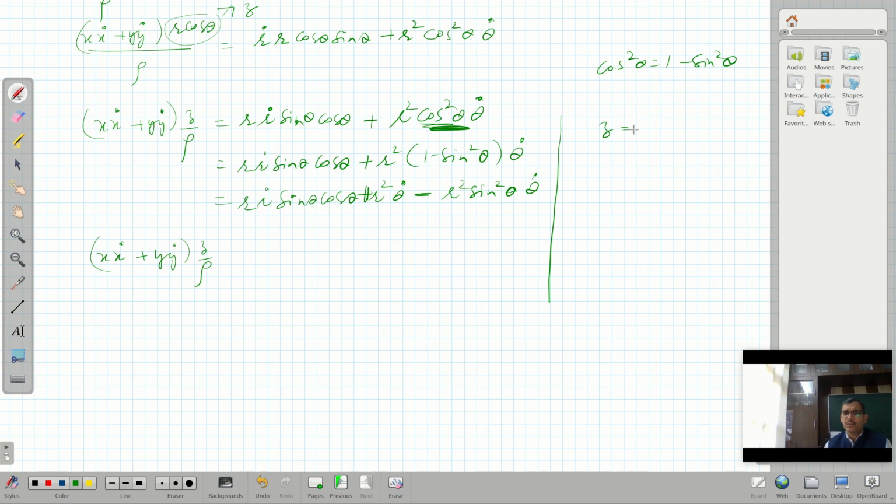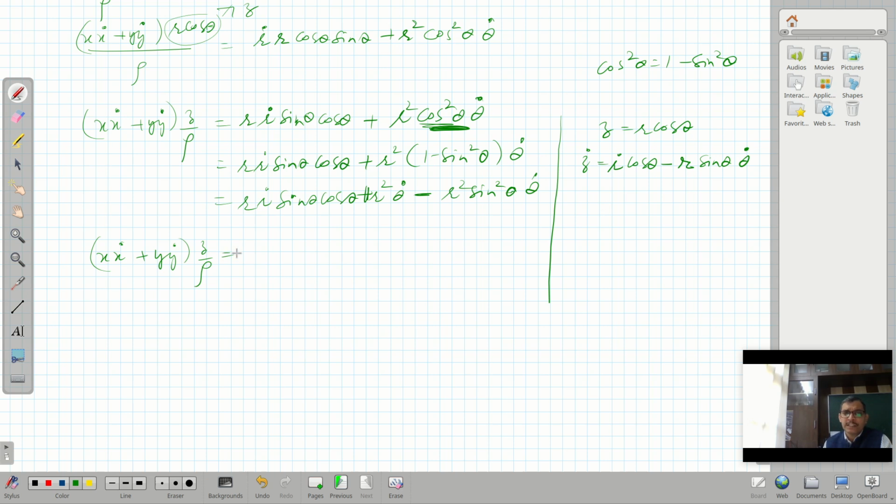Say z is equal to r cos theta, so z dot is equal to r dot cos theta minus r sine theta theta dot.